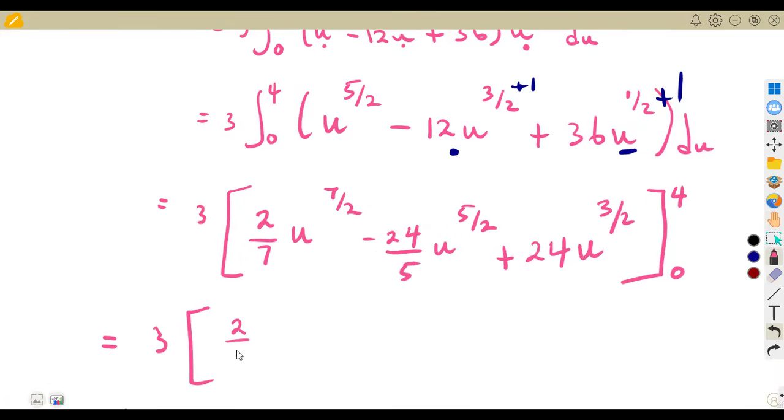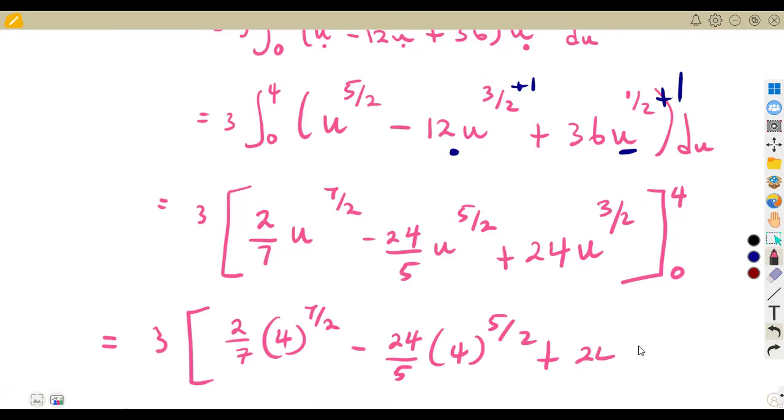So this is 2 over 7, 4 to the exponent of 7 over 2, minus 24 over 5, 4 to the exponent of 5 over 2, plus 24 into 4 to the exponent of 3 over 2. So that's it.